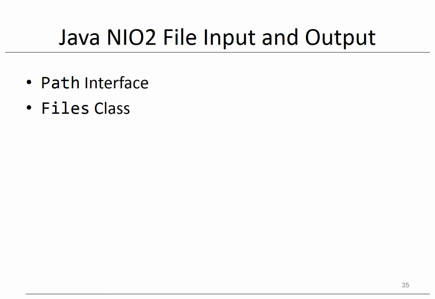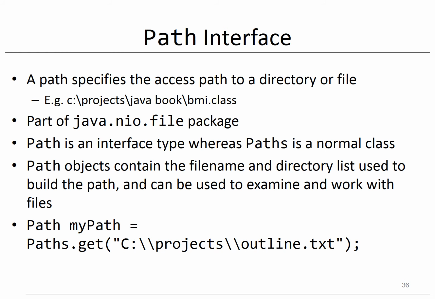Two key concepts are the Path interface and the Files class. Let's get into some more detail. A path specifies the access path to a directory or file. An example could be C:\projects\java\book\Bmi.class, which clearly indicates how to navigate to the file Bmi.class.